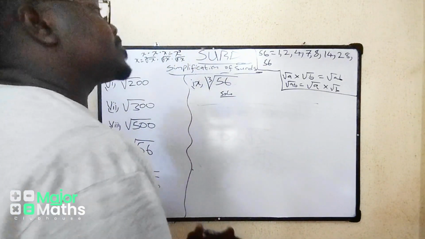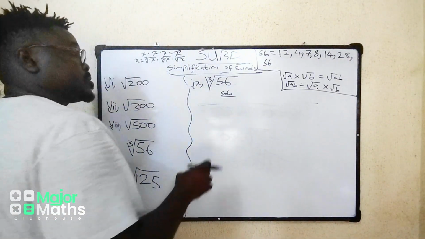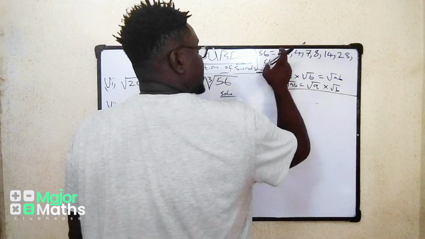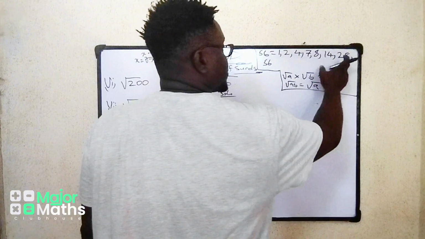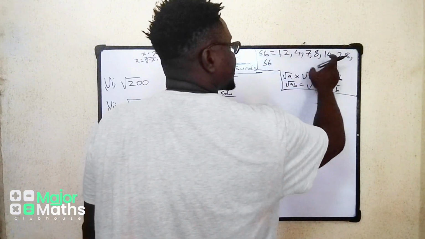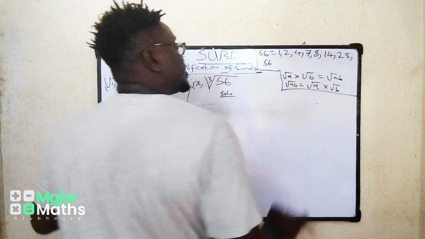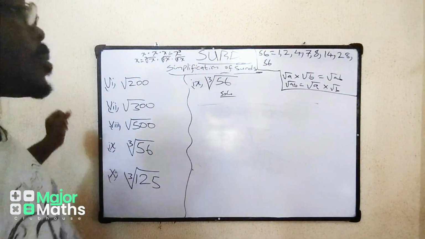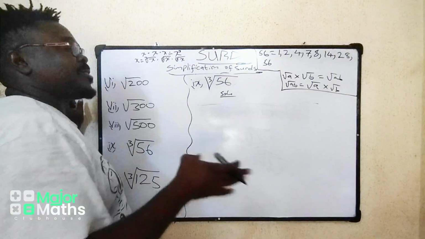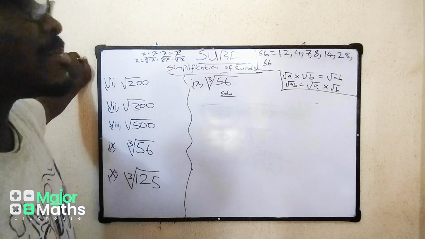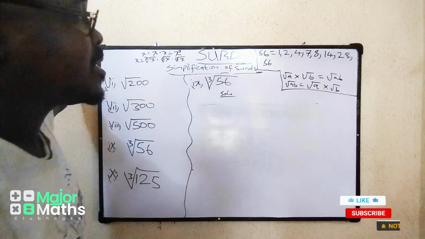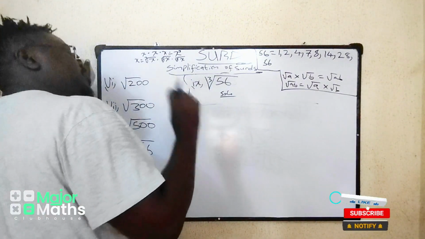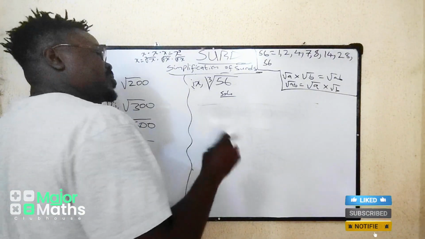So let's confirm that we got the whole thing correctly. So we have 56 times 1, 56; 2 times 28, 56; 4 times 14, 56; 7 times 8, 56. Yeah. But instead, right now, instead of finding the highest perfect square, we'll be finding the highest perfect cube.